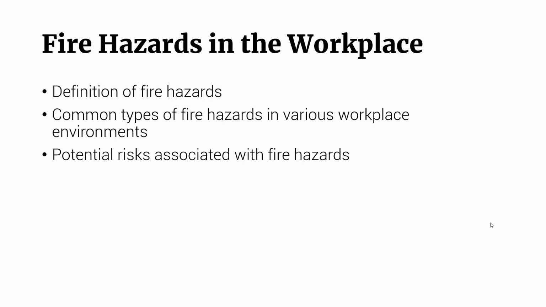So those are the common types of fire hazards in various workplaces. Again, we have the combustible materials, electrical faults, hot work processes, flammable liquids and gases, and ignition sources.